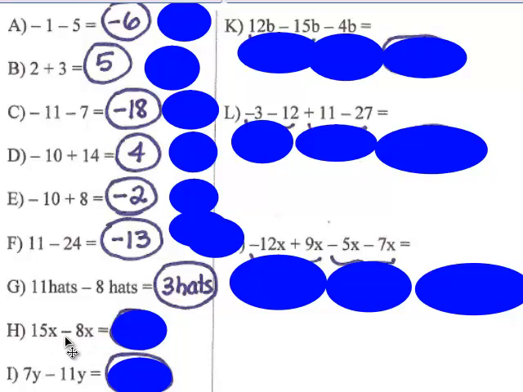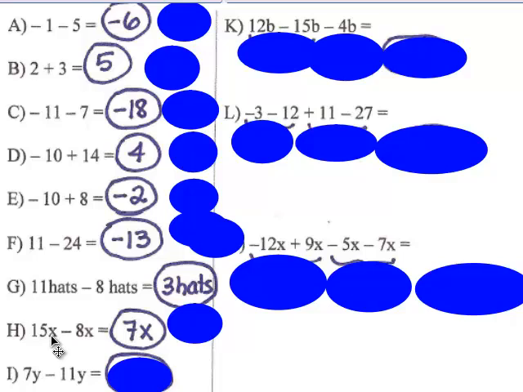Signs are different, so that means I'm going to subtract. 15 minus 8 is 7. So I have 7x. Just imagine hats. 15 hats minus 8 hats means I have 7 hats. But instead of using hats, I'm going to use the letter X. Letter X is called a variable. So anytime you see a letter, just remember that's called a variable.